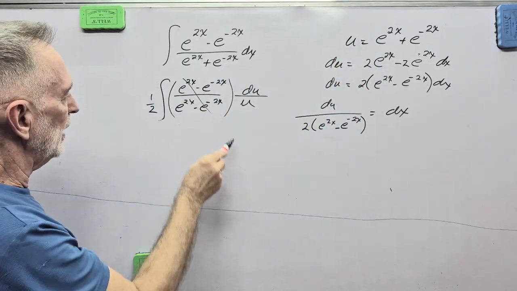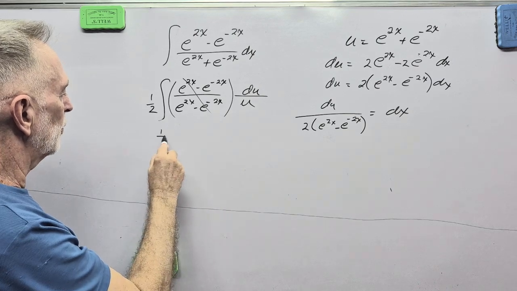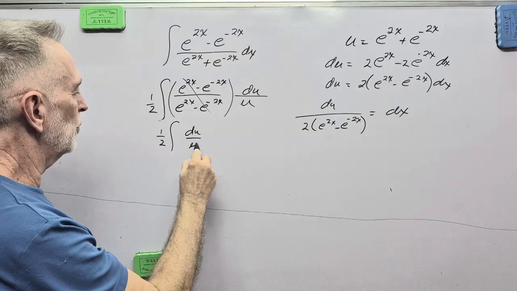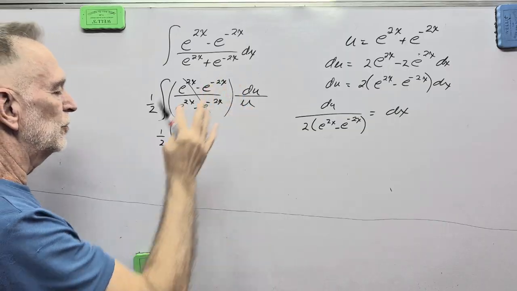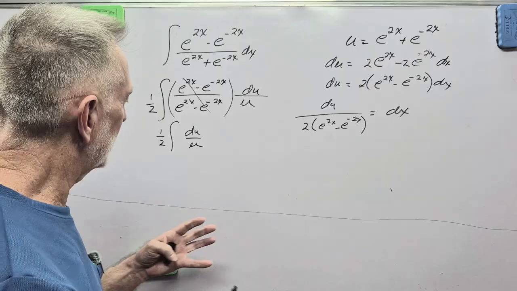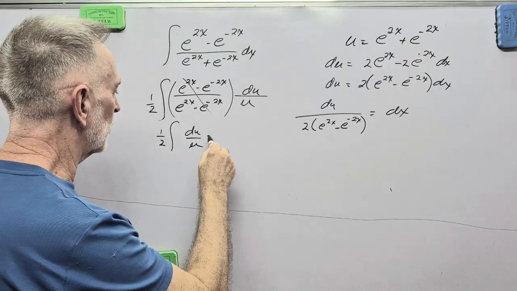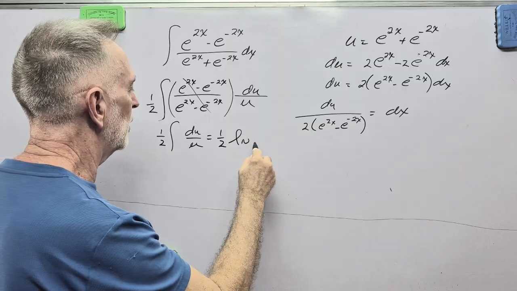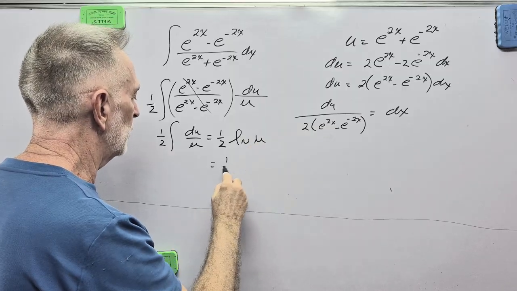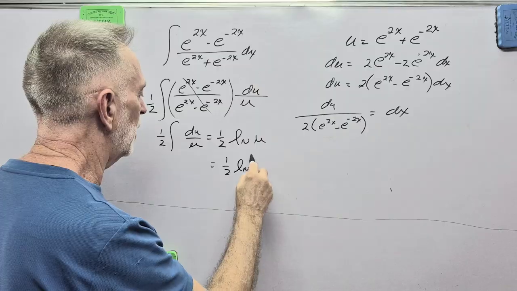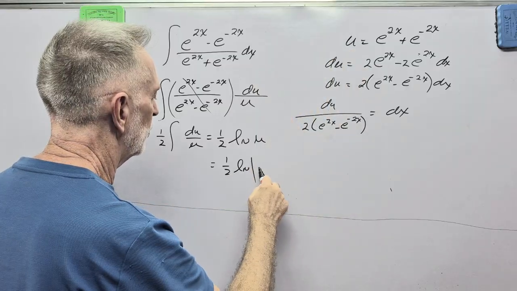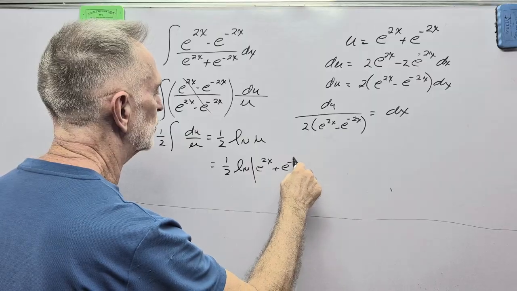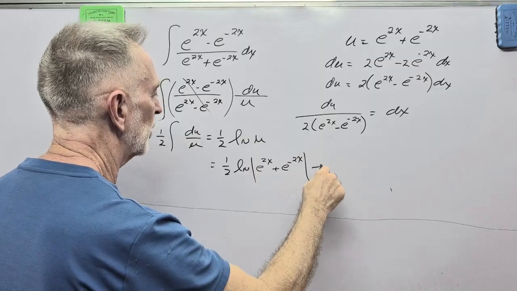So this cancels. So I'm left with 1/2 the integral of du over u. U sub greatly simplified this and made it something we can work with, which is what? 1/2 natural log of u, which is 1/2 natural log of e to the 2x plus e to the minus 2x plus c.